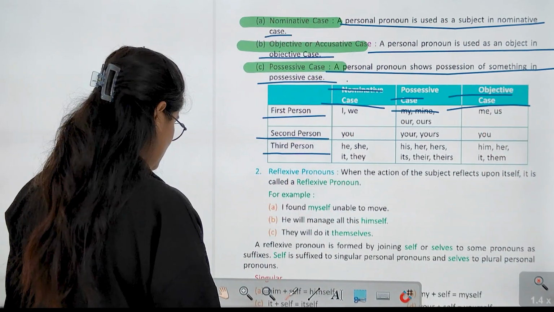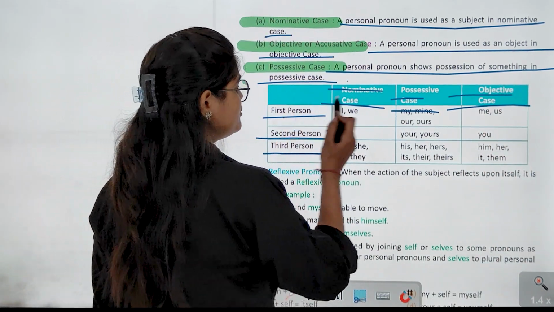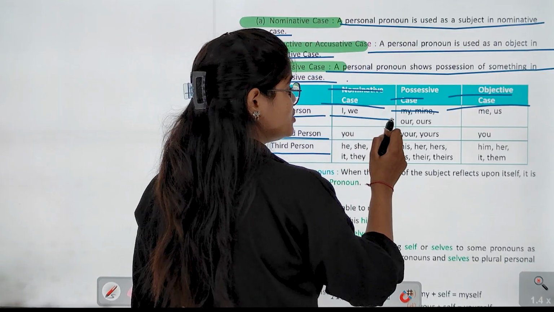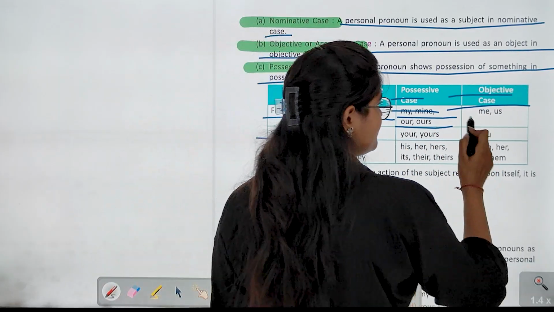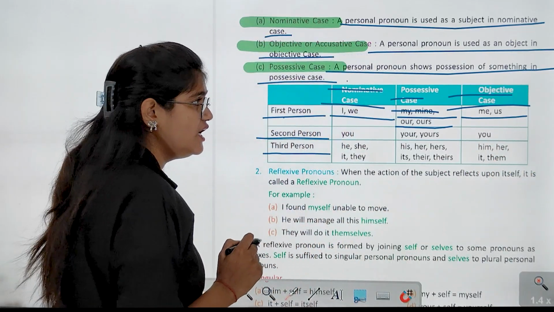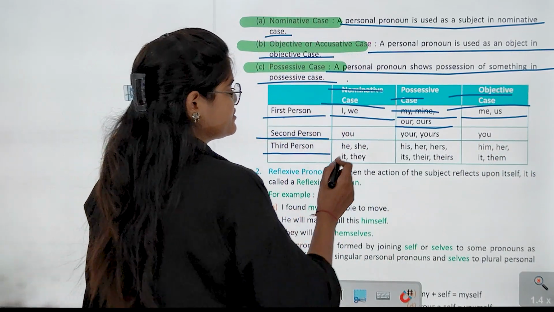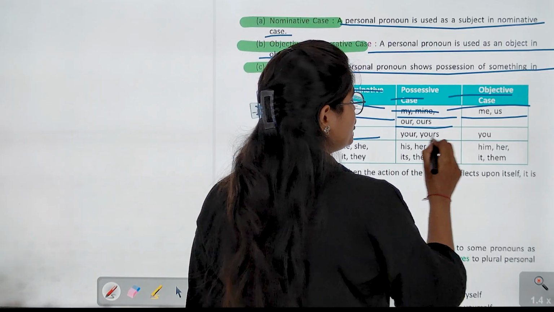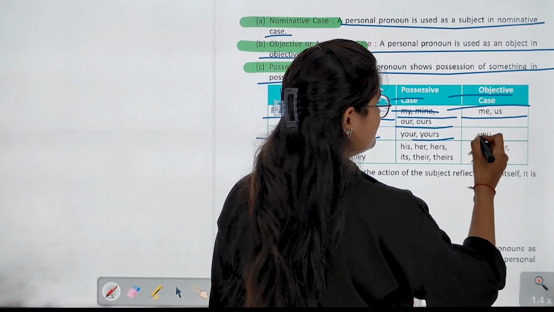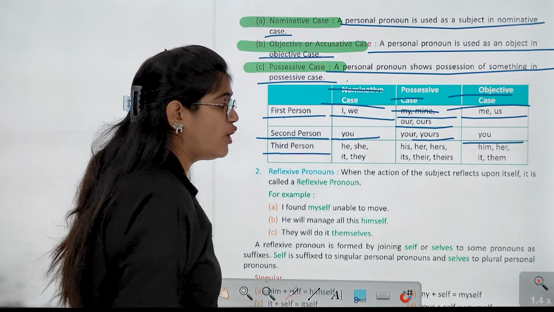So let's read them again. First person, I and we in nominative, my, mine, our and ours in possessive, me and us in objective. Next, second person, you in nominative, your and yours in possessive and you in the objective.